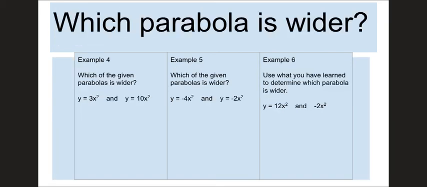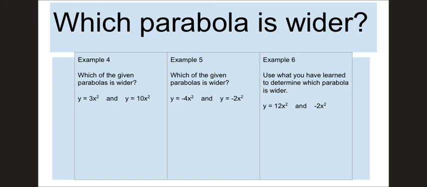Now, which parabola is wider is going to refer back to slide 5. There was an extra video that talked about how you determined which parabola is wider and why it is wider. So let's look at example 4. Now remember, the larger the number that's being multiplied by x squared, the narrower or the thinner the parabola is going to be.